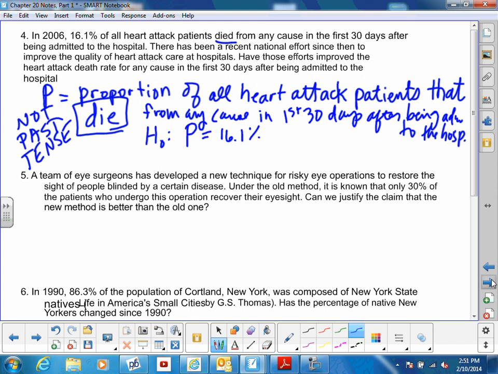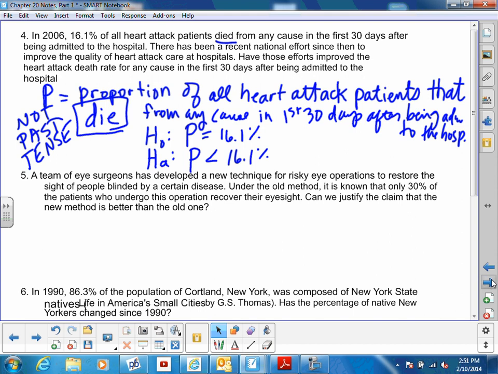And if they were hoping to improve the conditions and the quality of heart attack care at the hospital, then what are they hoping has happened? P is now less than 16.1%. So you then go take a sample, see if that's far enough away from 16.1 to reject 16.1. Okay. So that's what's happening.